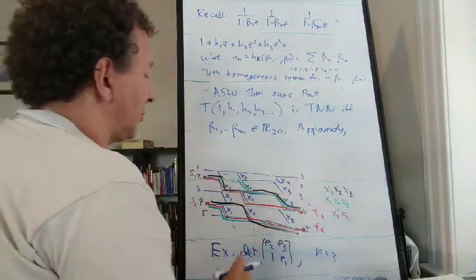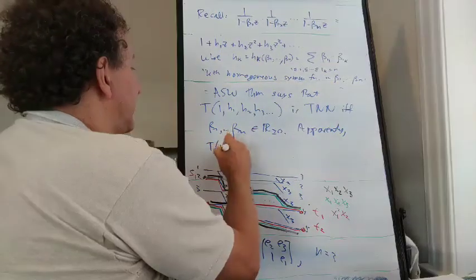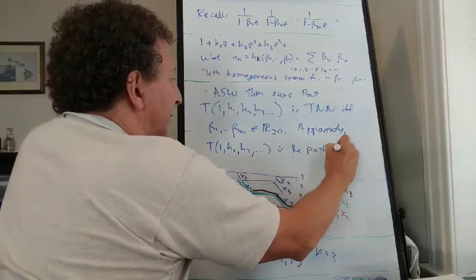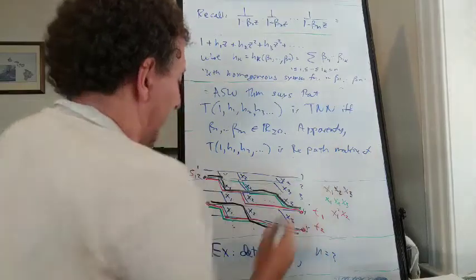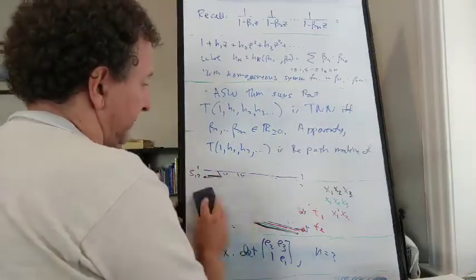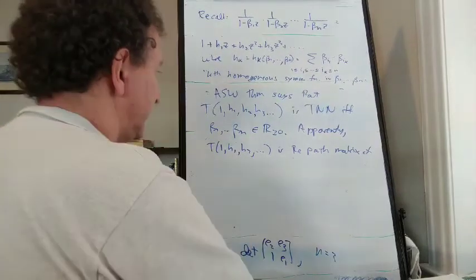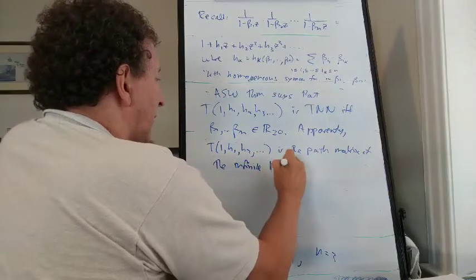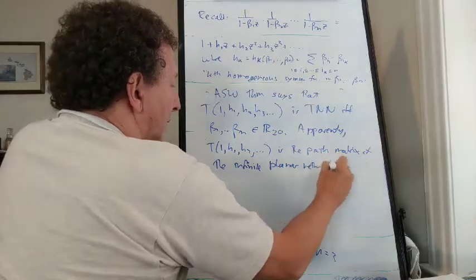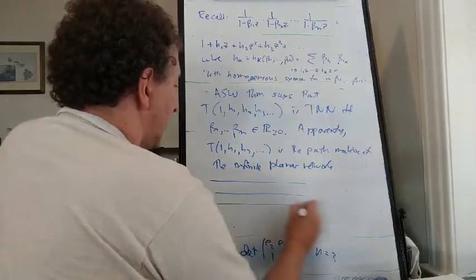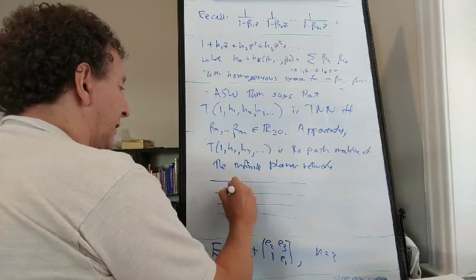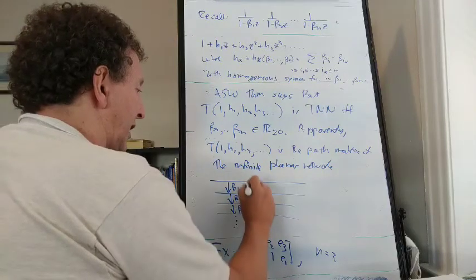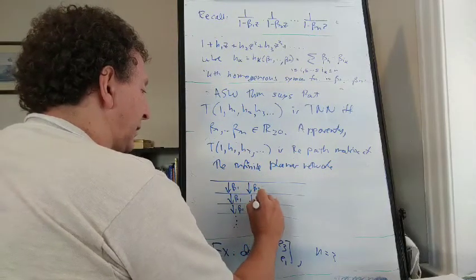Now apparently from what we know about Toeplitz matrices, T of 1, h1, h2, etc., is the path matrix of the infinite planar network where we have horizontal edges having weight 1, vertical edges having weight beta 1 in a column, and then we've got another column of vertical edges weighted beta 2.